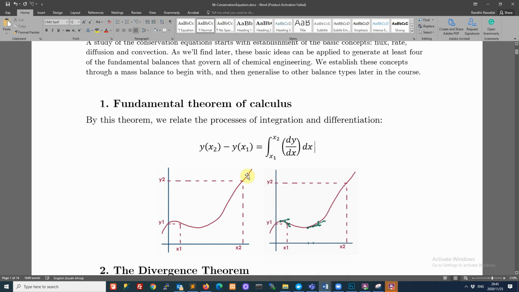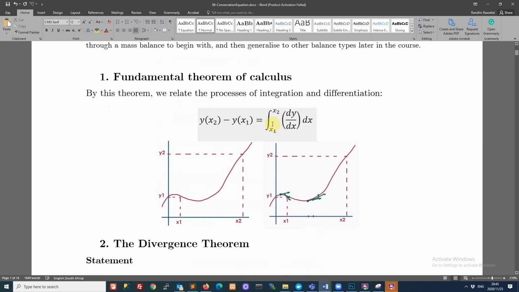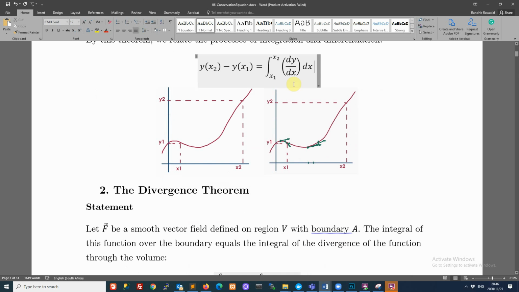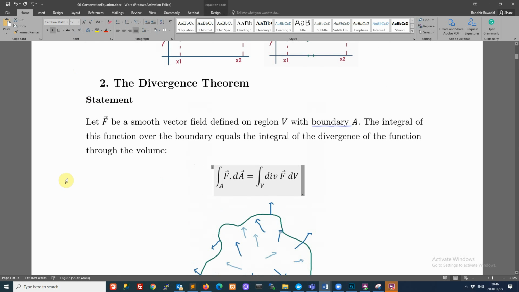So the difference in the function at these exterior points is analogous to this integral over the area. And then adding up the gradients through the volume is the same as integrating over the specific path for the gradients inside there. So there is an analogy between what is effectively the one-dimensional version of this three-dimensional divergence theorem.